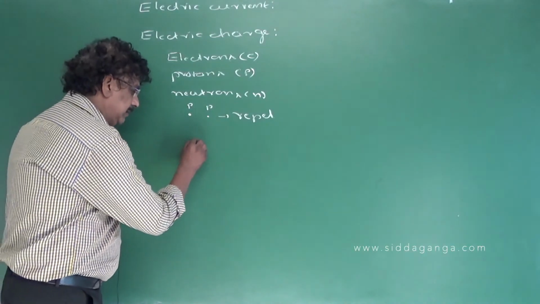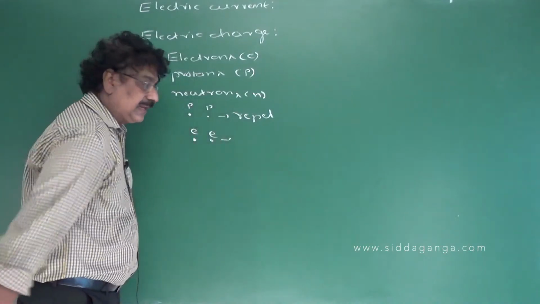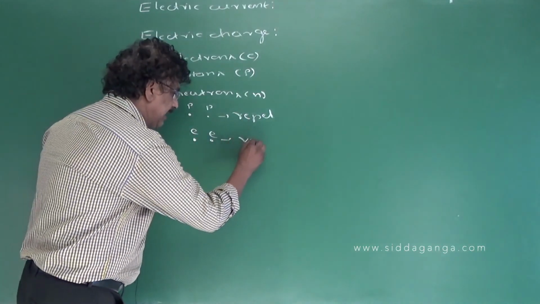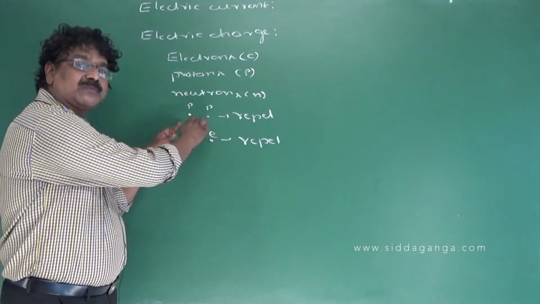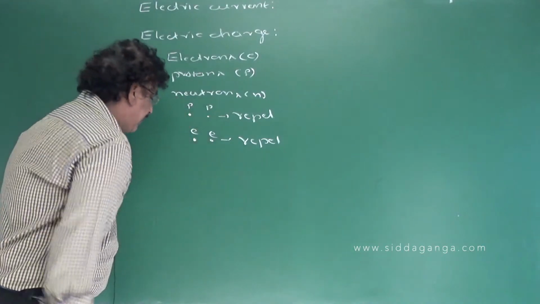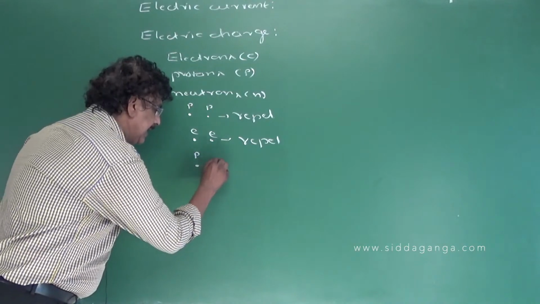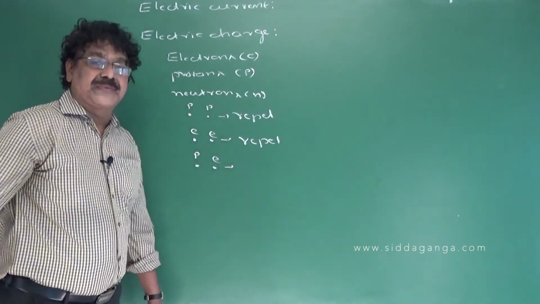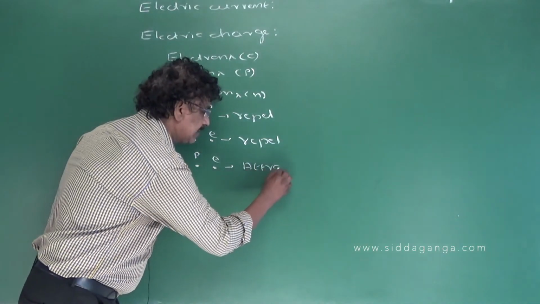When we bring two electrons nearer, they again repel each other, just like two north poles repel each other, two south poles repel each other. When we bring a proton and an electron nearer, they attract each other.